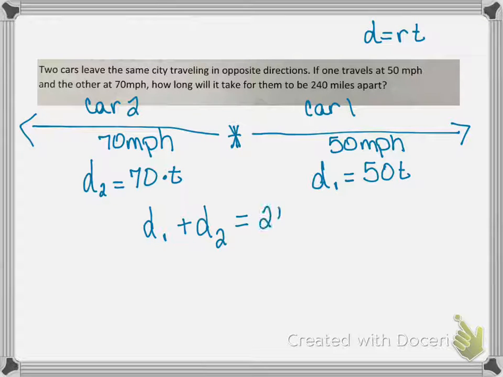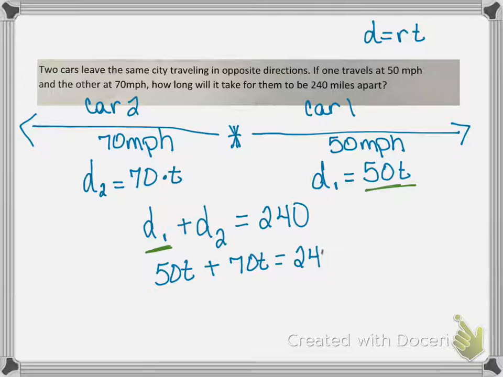Okay, now, can I take this D1 and put in this instead? Yes. So I'm going to have 50t plus, what do I put in for D2? Okay, and that equals? Excellent. Okay, and I'm going to give you about 30 seconds for you to solve that.